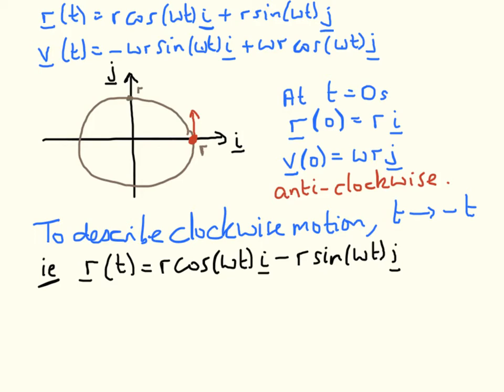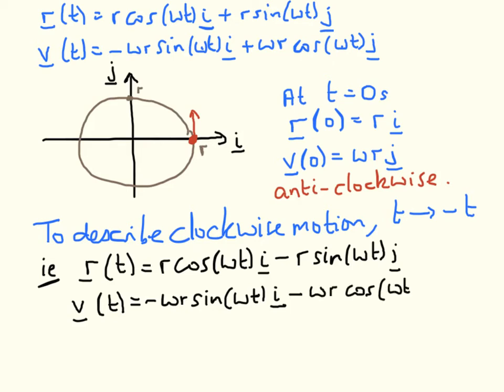But the velocity, and we can check this now, the velocity as a function of time is going to be the derivative of this here. So the derivative is unchanged here, but there is an additional minus sign. So what we obtain is minus omega r sine of omega t i minus omega r cos of omega t j.